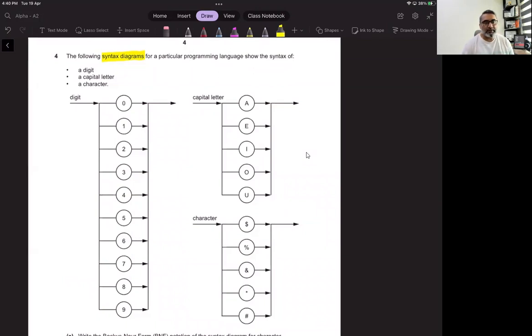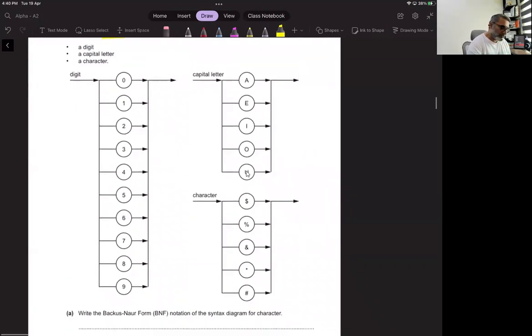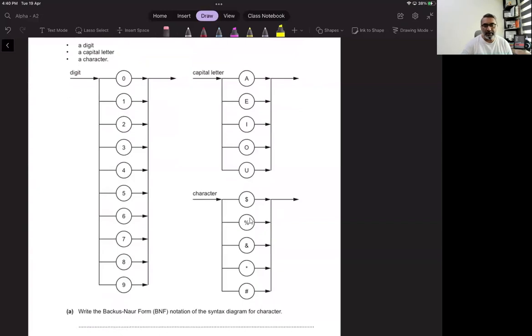All right. So characters are dollar, percentage, ampersand, asterisk and hash. Write the Backus Naur form notation of the syntax diagram for character.